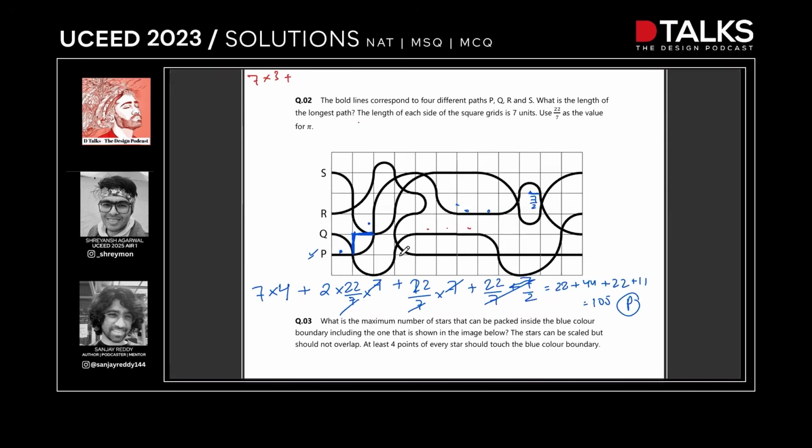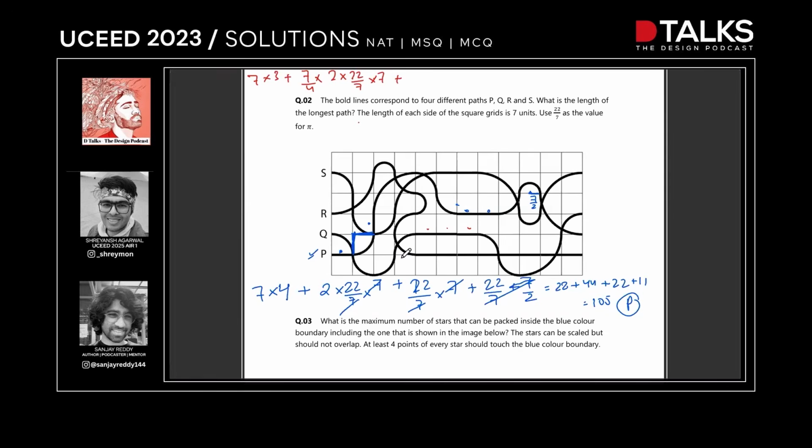That's 1, 2, 3, 4, 5, 6, 7. So 7 of 1/4 of a circle, 7 by 4 into 2 pi r, 7/4 of the circumference of the smaller circle. So the r for this is 7.